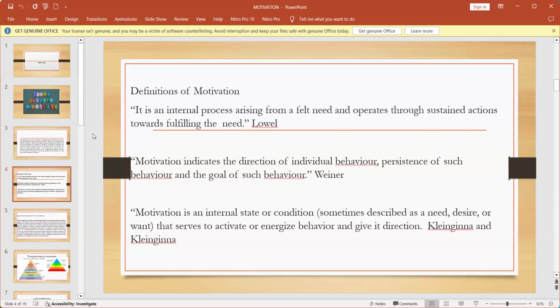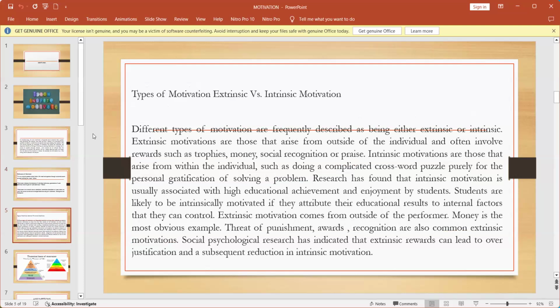Okay, that is it. So now we are going to talk about the next topic, that is types of motivation. If you take motivation, there are different classifications. Let's talk about different types of motivation. I'm talking about two main types of motivation.